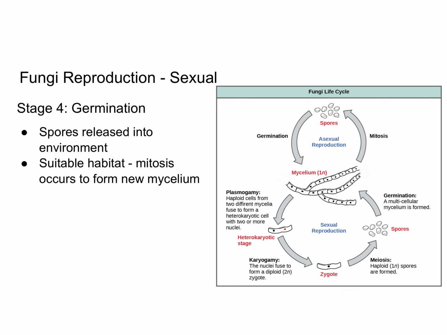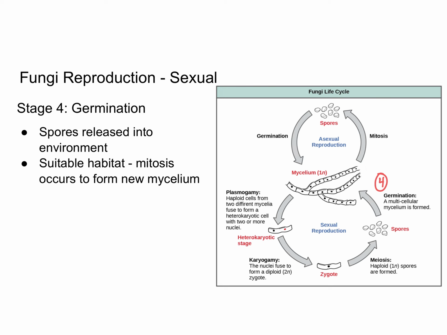The fourth step of fungal sexual reproduction is germination. And germination occurs when these spores are released into the environment and they hopefully land in a suitable environment for them to survive and grow. Now, spores can be disseminated in different ways. They can be carried on the wind, they can travel through water, or they might hitch a ride on or inside an animal.